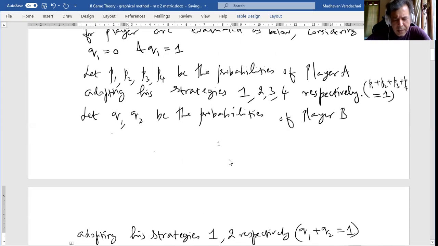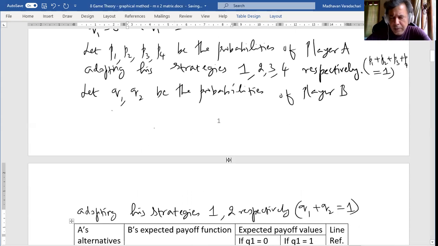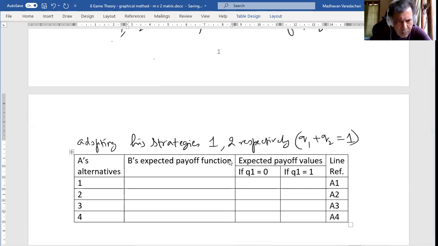So I can write it as 4Q1 plus 6 times, see here, when you have Q1 plus Q2 equal to 1, it means that Q2 can be written as 1 minus Q1. So here I will write 1 minus Q1. And if I expand this, I will have 6 minus 2Q1. I'm sorry, here I should have written Q1, not P1.